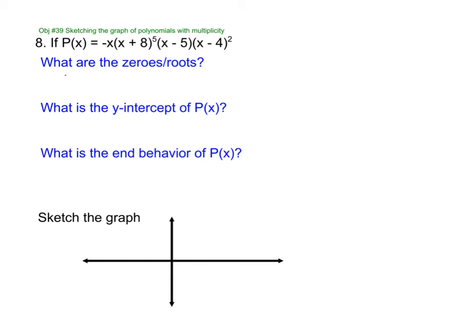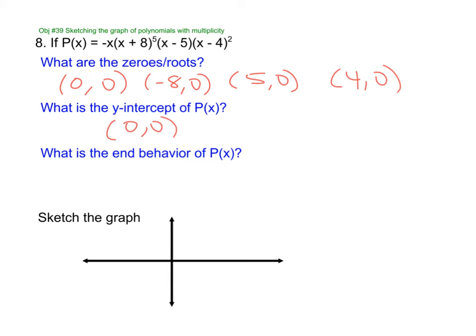So we've got (0, 0), (negative 8, 0), (5, 0), and (4, 0). The y-intercept is (0, 0). As x goes to infinity, it goes to negative infinity.